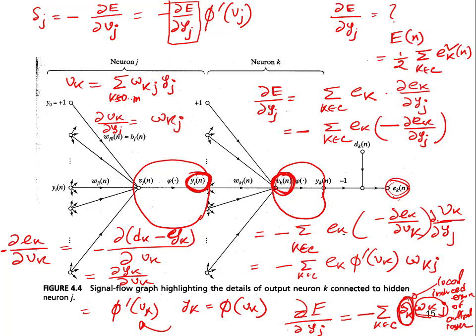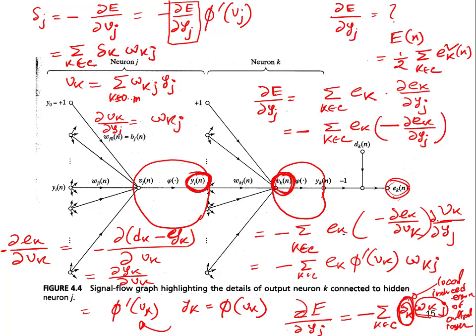The default minus is conjugated, so the current equation comes up as the sum over k belongs to c of delta k wkj.